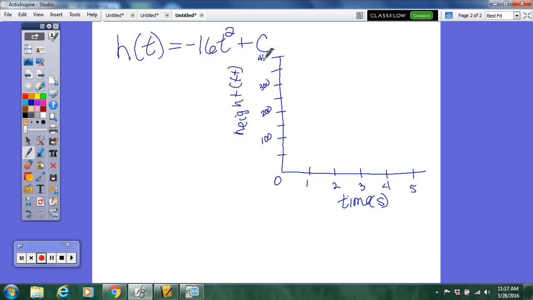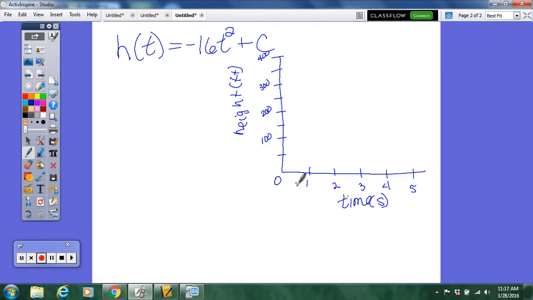What are they counting by on feet? Counting by 50s. That one's 50, that one's 50, that one's 50. What are they counting by here? Counting by 1. So they're counting by seconds and counting by feet over here.